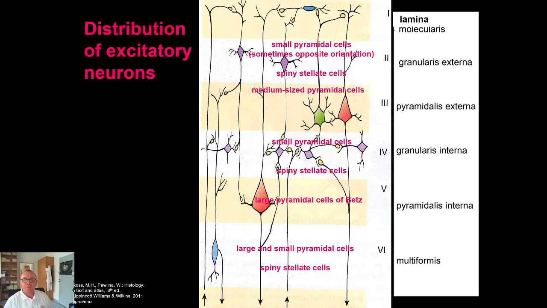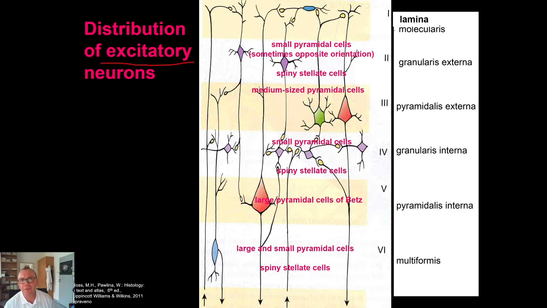Of course, it's much more complicated than is possible to study in the first year, but at least some information can be remembered. Lamina molecularis usually contains inhibitory interneurons, and this picture is about the distribution of excitatory neurons.